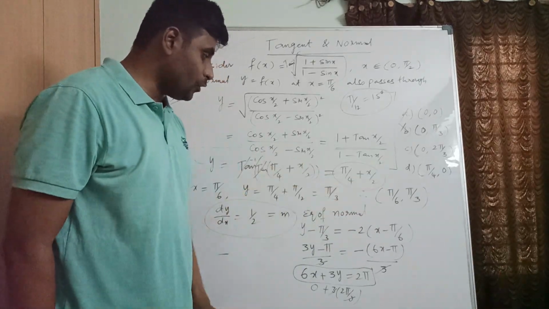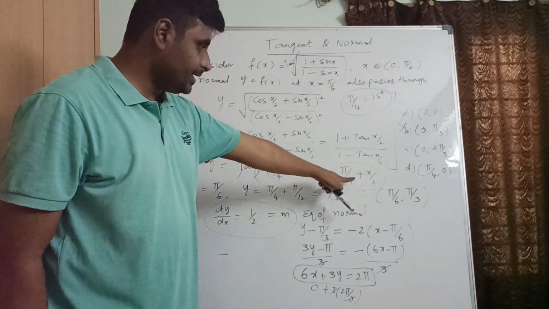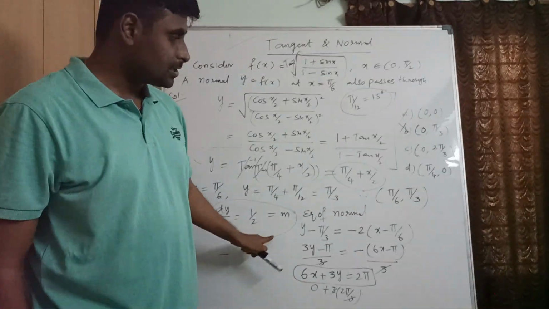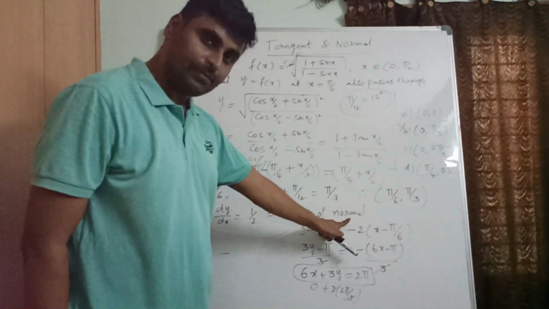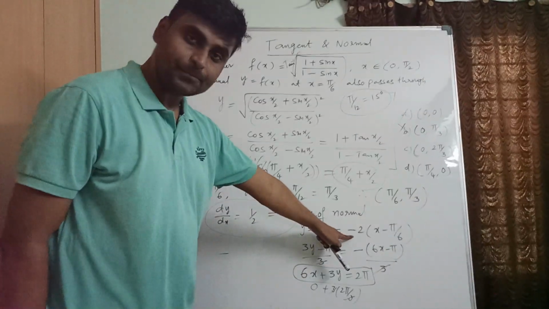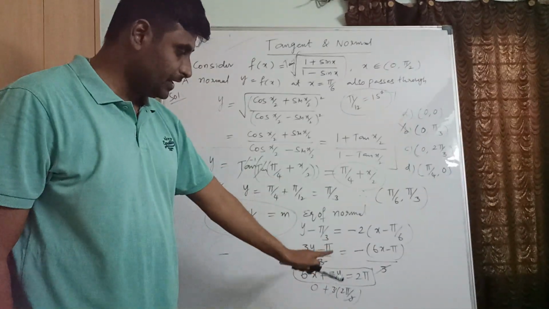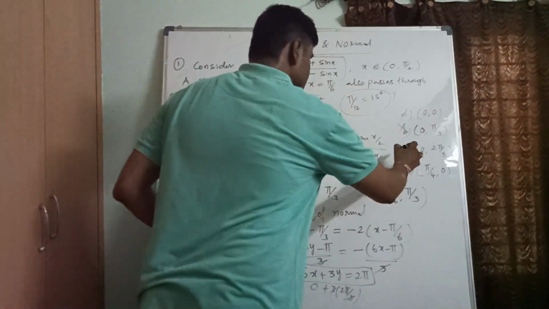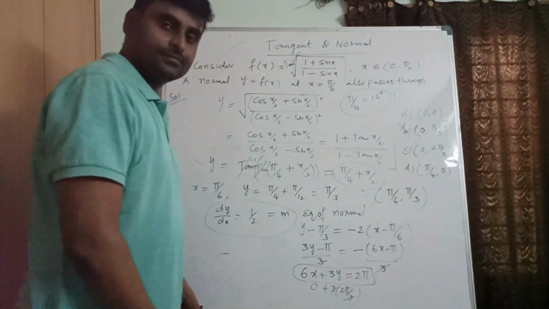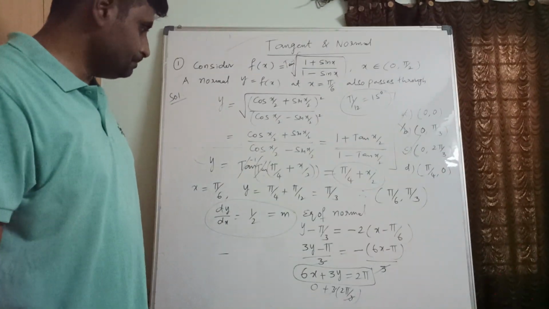After getting the point of contact, we'll derivate this one, we'll get slope and point. But here we are finding the equation of normal, so we'll take the reverse slope. After simplifying that, we'll verify the option, then we'll get option C as correct. Clear? So hope you have understood. Make a note of it.